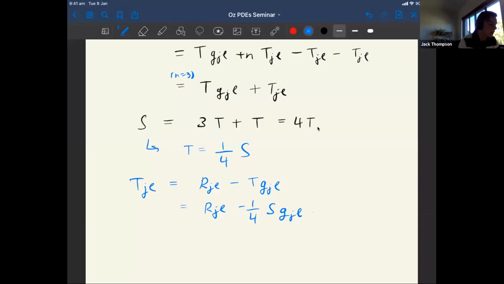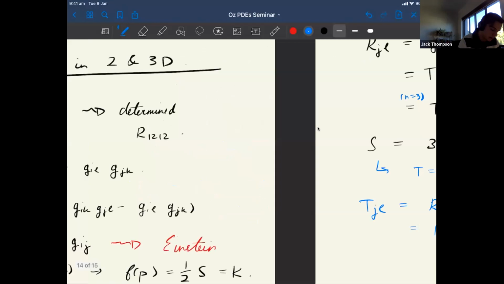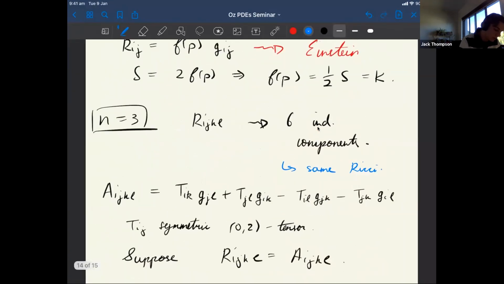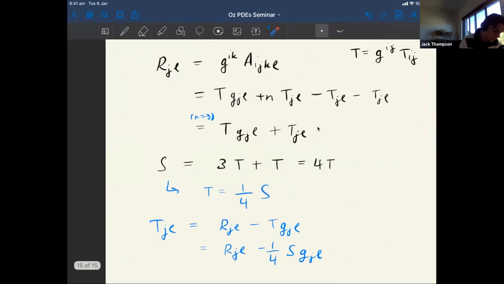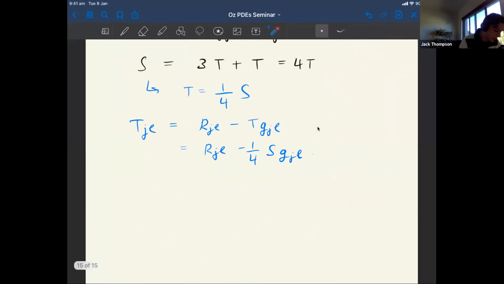So what we actually find is that in 3 dimensions, I can write my Riemannian curvature in the following form, where this tensor is given by this linear combination of the Ricci and the scalar times the metric.